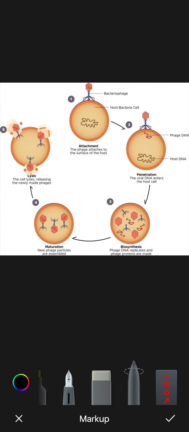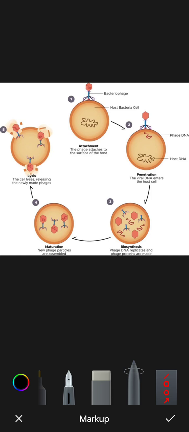These tail fibers contain binding receptors, which are used for strong attachment with the wall of a bacterial cell. These tail fibers are strongly attached with the wall of the bacteria on the receptor side of the cell wall. Where the receptors are present, there they attach strongly with the wall of the cell. So this is called attachment or adsorption.